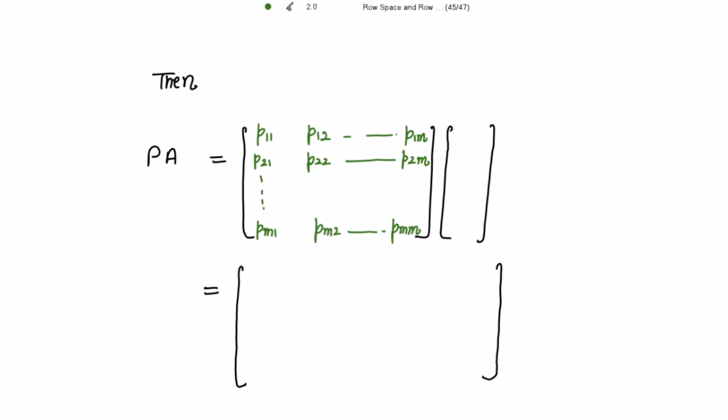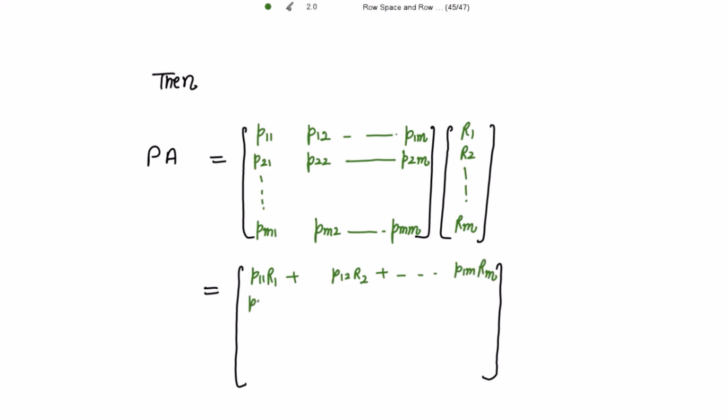So this is Pmm, right? And this is R1, R2, so on up to Rm. Multiplying these two matrices, we get P11R1 plus P12R2 plus so on P1m into Rm.